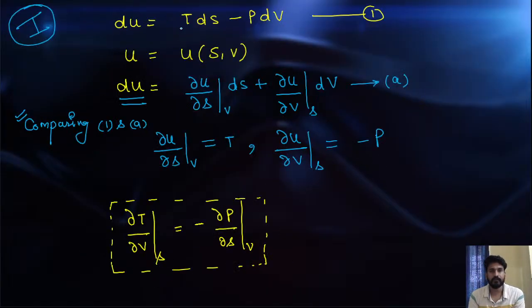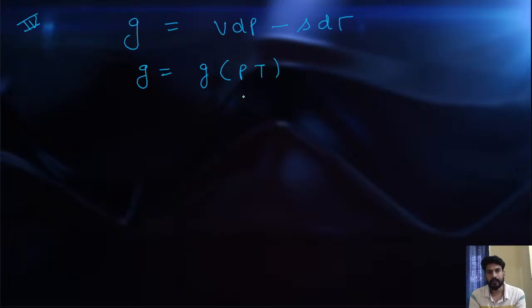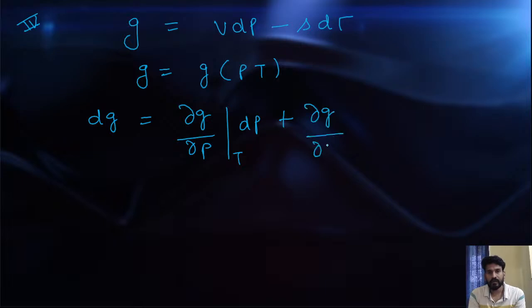Fourth will be G, and the G equation is dG is equal to VdP minus SdT. It means that G is a function of P and T. I can write dG is equal to del G over del P keeping temperature constant plus del G over del T keeping pressure constant.